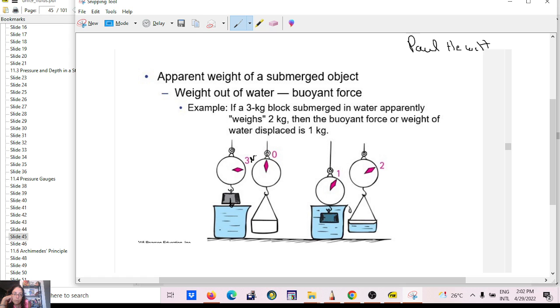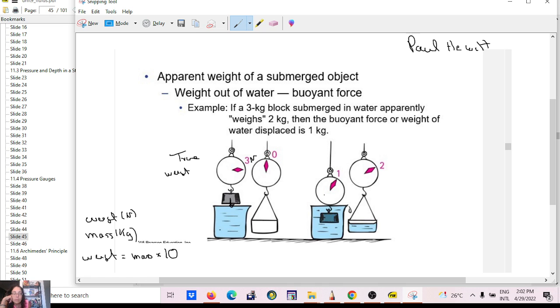That will be the true weight on Earth, and the true weight is 3 Newtons. Remember, weight is in Newtons, mass is in kilograms, and weight equals mass times about 10.